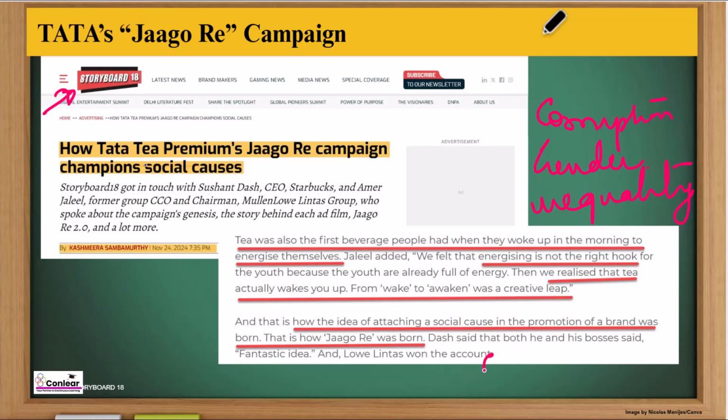Like today, you have climate change. Earlier, you had people who did not go for voting. And so, if you Google the Jagore campaign and its historical evolution, which started in 2007, Jagore basically created an awareness about these issues and tried to bring a change through their campaigns.